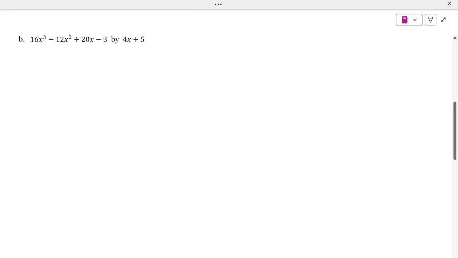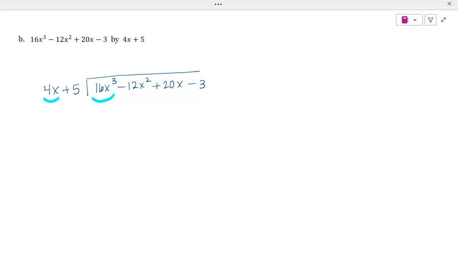All right, let's look at another example. I'm dividing 16x cubed minus 12x squared plus 20x minus 3 by 4x plus 5. I look at the first term and I decide what I would need to multiply 4x by to get 16x cubed, and that would be 4x squared.